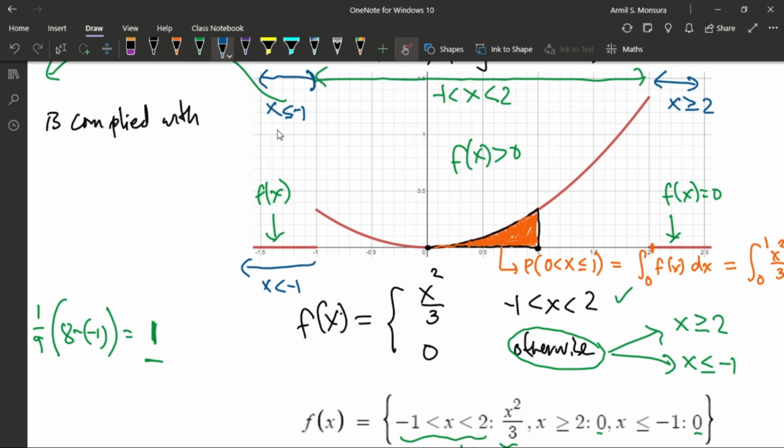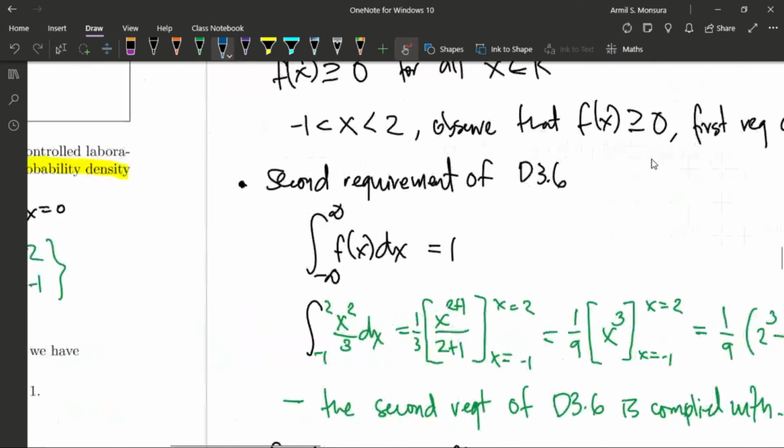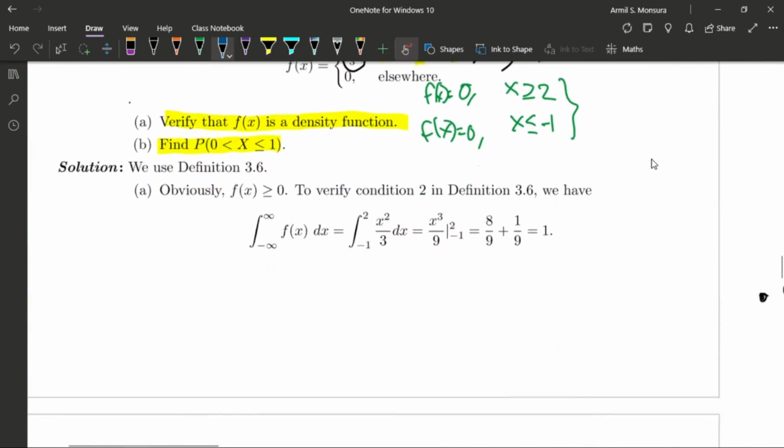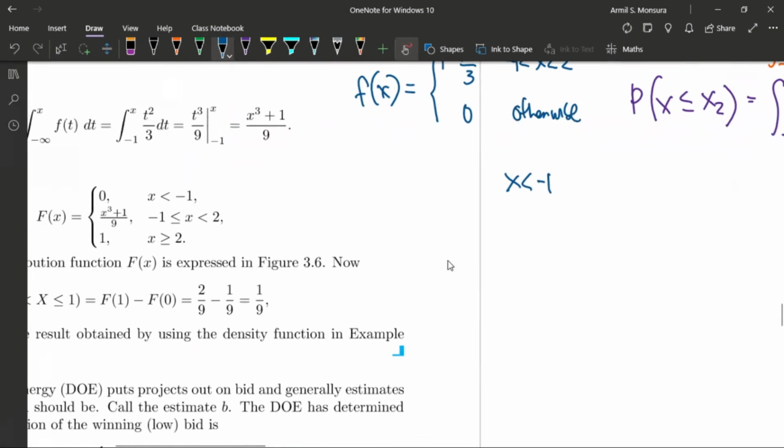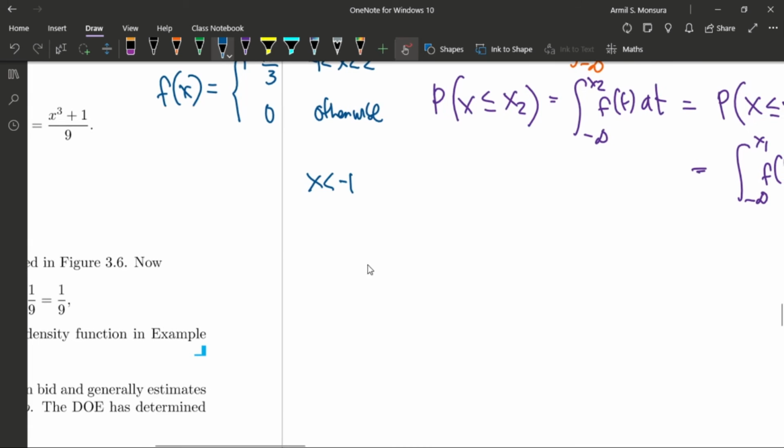Now, having defined those intervals, we will use those intervals to define now your cumulative distribution function. So i-define natin ngayon si cumulative distribution function f of x ninyo into 3 intervals. That is when x is less than equal to -1, when x is greater than or equal to -1 and less than 2, and when your x is greater than equal to 2.